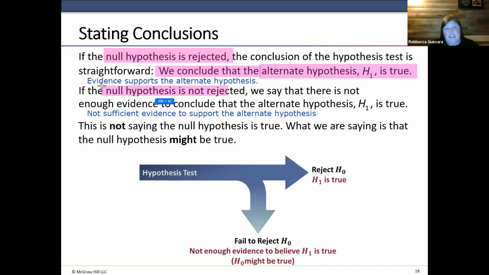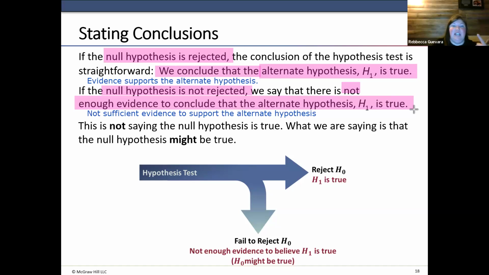Null hypothesis is not rejected: there's not enough evidence that the alternative hypothesis is true. So keep those in mind. I find usually with hypothesis testing, you can do a lot of the calculations. It's just this part here where we get a little stuck. It's just remembering: if we reject the null hypothesis, that means we supported the alternative hypothesis. If we fail to reject the null hypothesis, we can't support the alternative hypothesis.